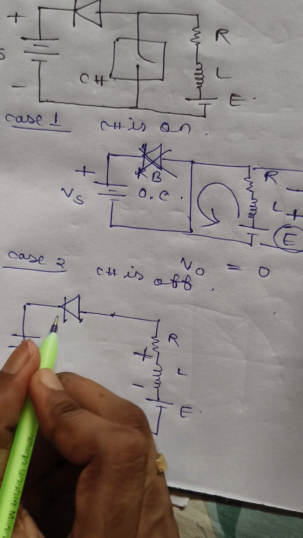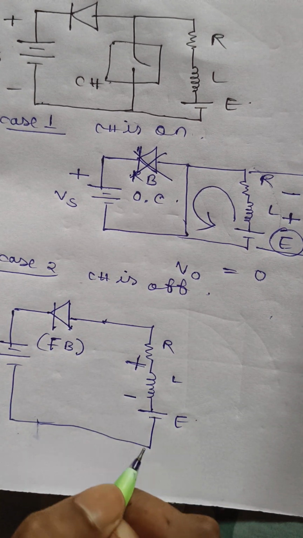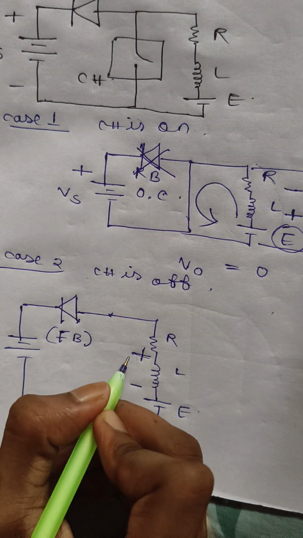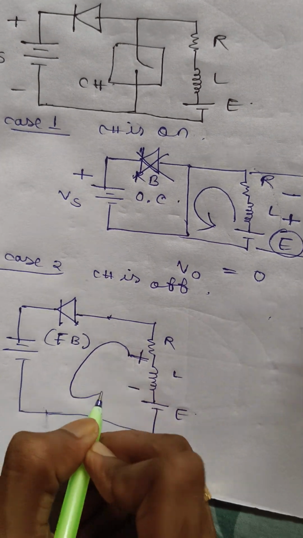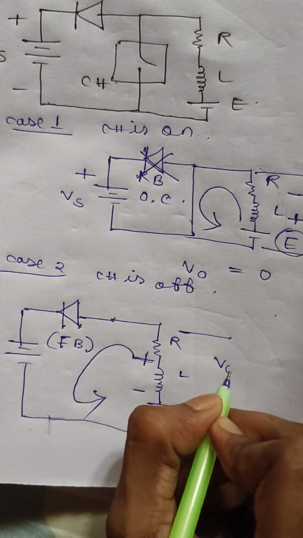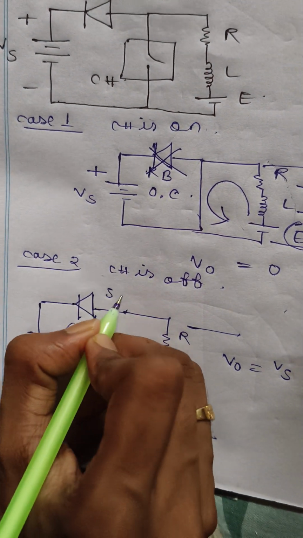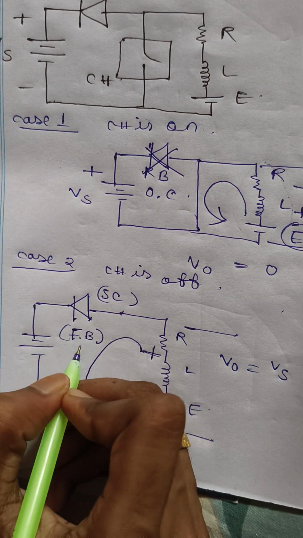So this diode is now forward biased. As this diode is forward biased, current will be flowing like this, and the output voltage V out is nothing but the supply voltage Vs, because this is short circuited as the diode is now forward biased.